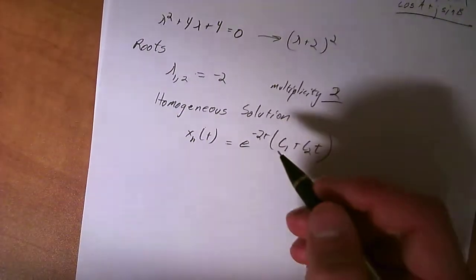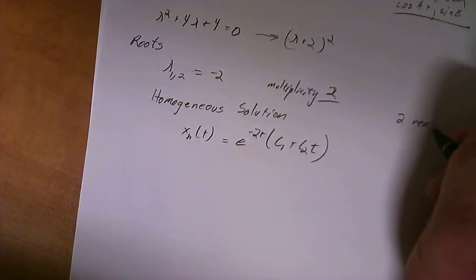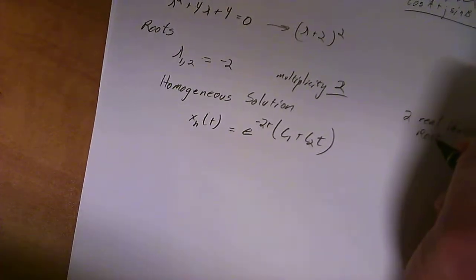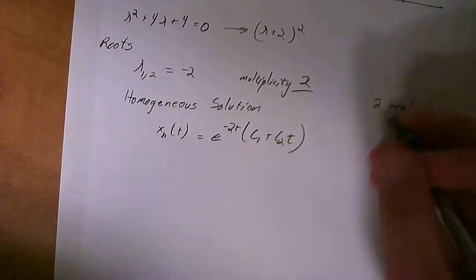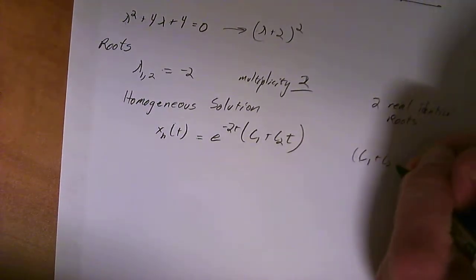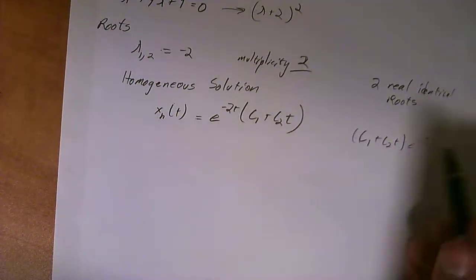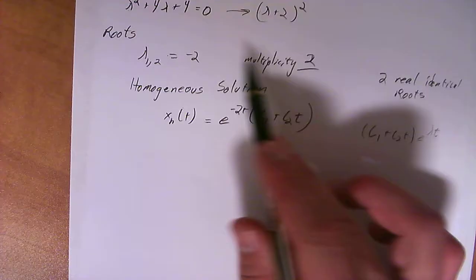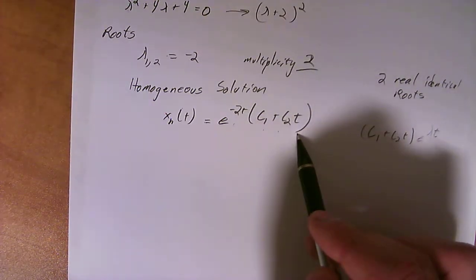Since we have 2 real identical roots, there's an equation that you automatically jump to, and it is the equation of c1 plus c2t times e to the lambda t, where lambda is the value of one of the identical roots. So right here we took negative 2, which was our lambda, put it in here, and then we have c1 plus c2t.